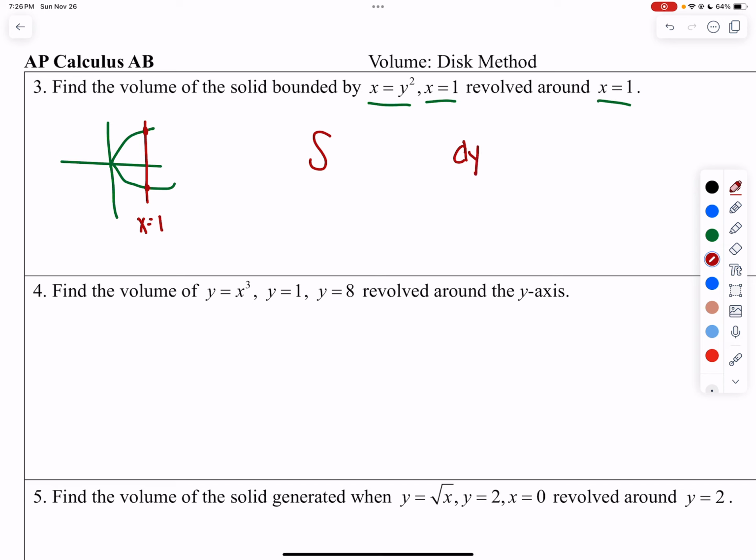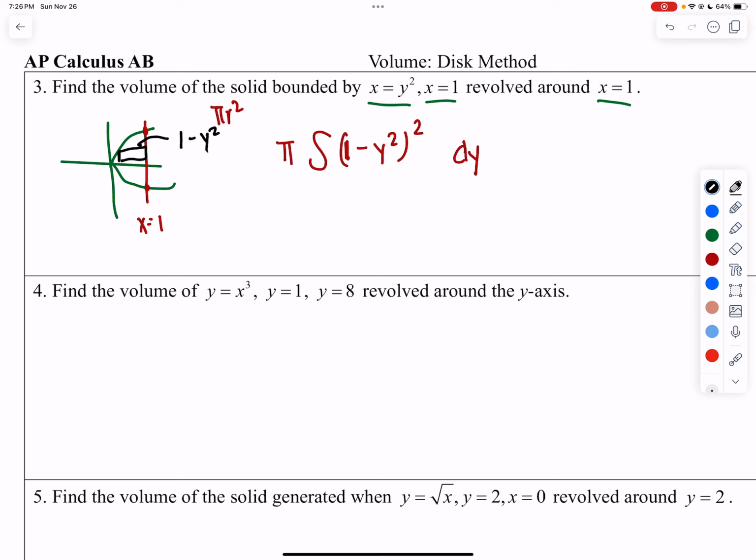If I were to do top minus bottom, not top minus bottom, right minus left, I have 1 minus y squared. And don't forget about your square right here. So this little piece right here in black is 1 minus y squared.